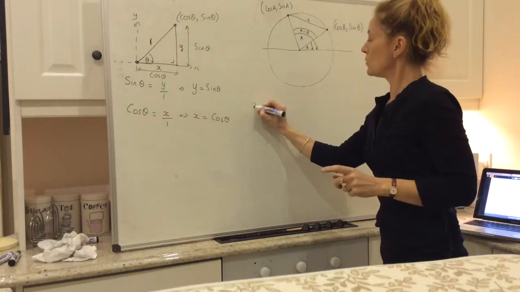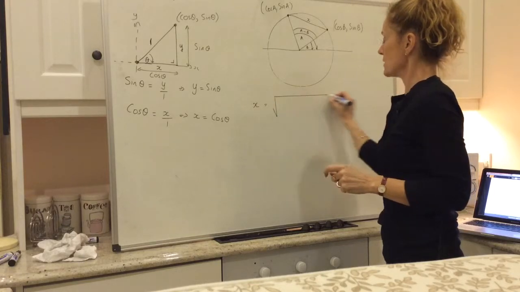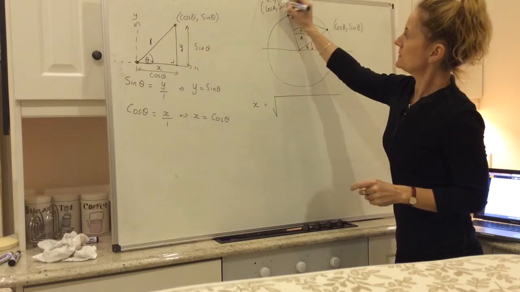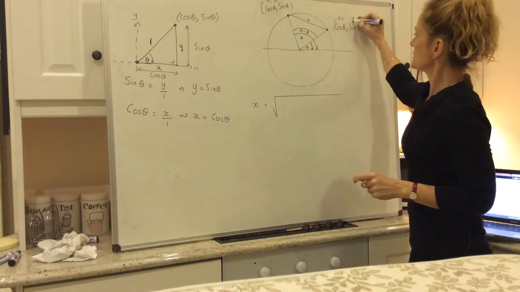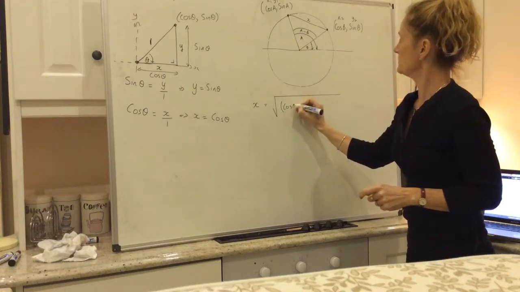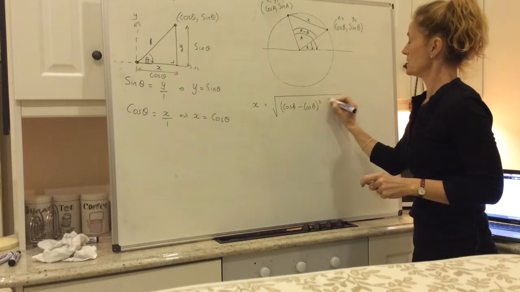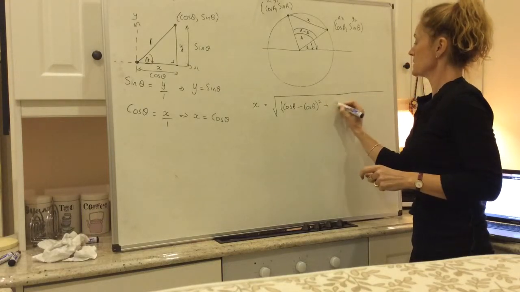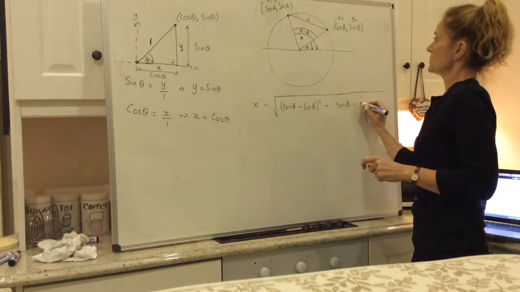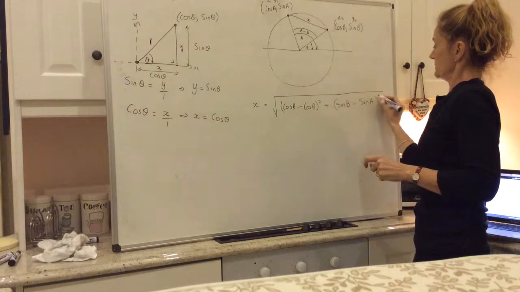Hopefully you will agree that x is equal to the square root of, using the distance formula with x1, y1, x2, y2, the square root of x2 minus x1 squared plus y2 minus y1 squared.